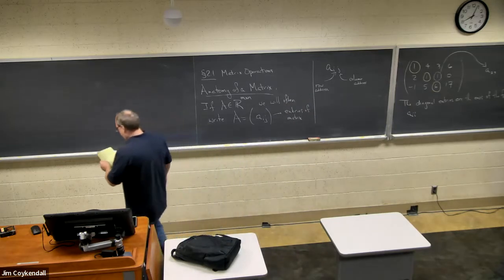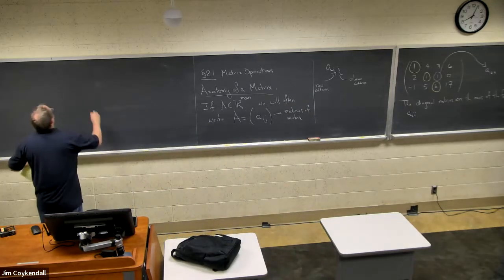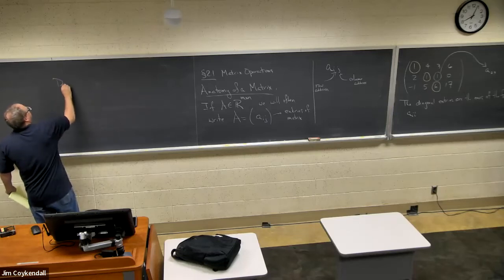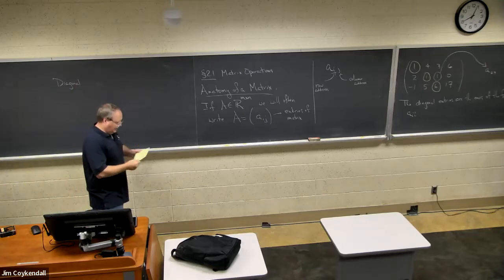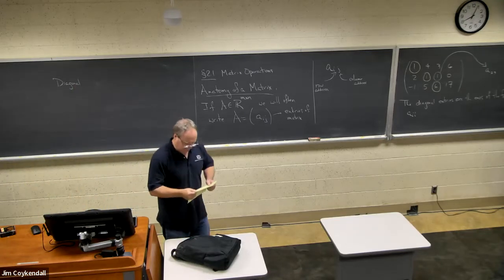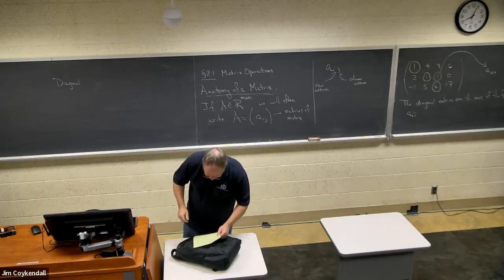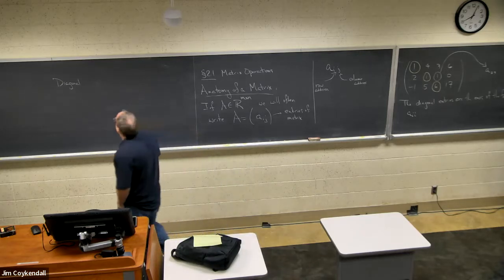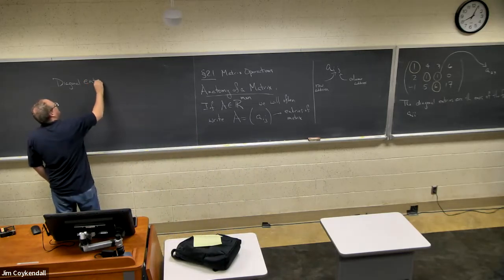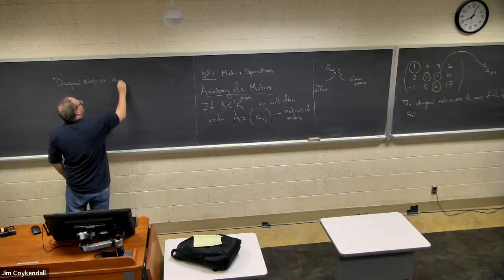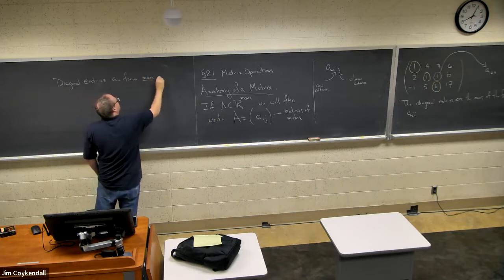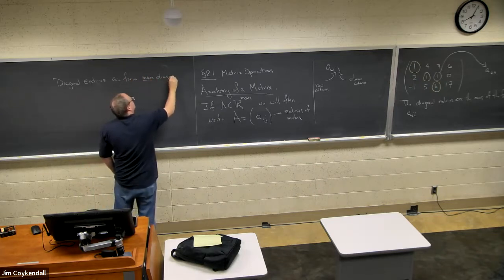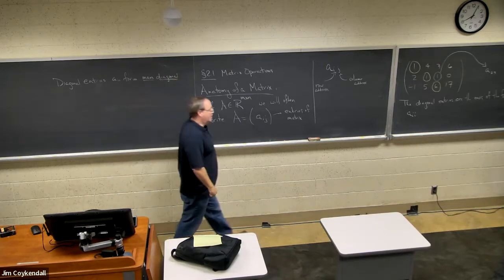As I said, diagonal entries are most interesting in square matrices. This is called the main diagonal.